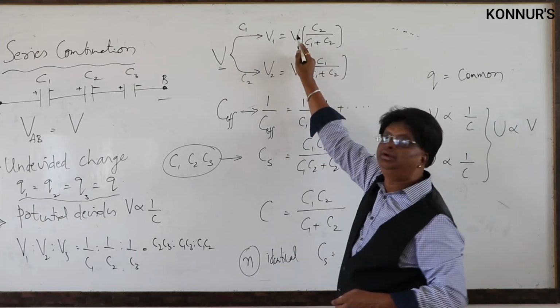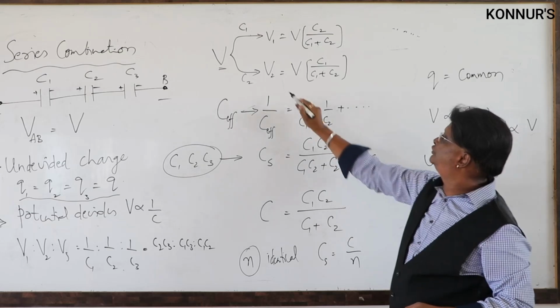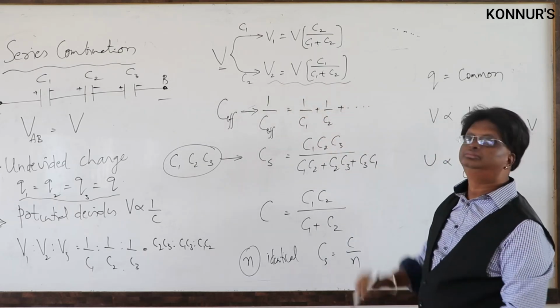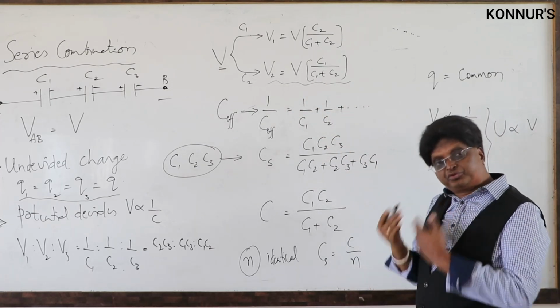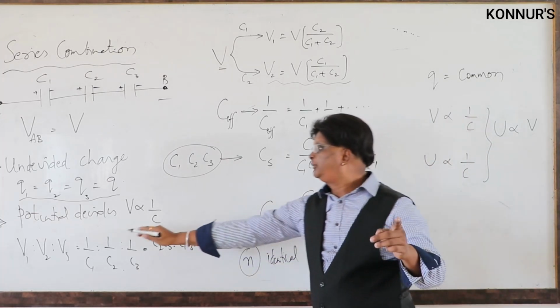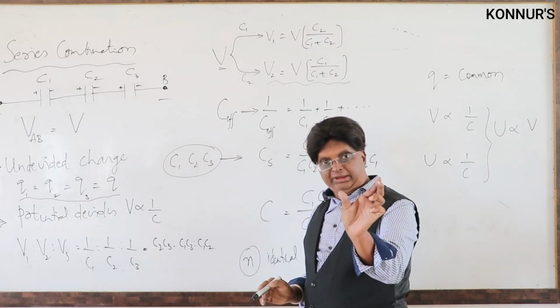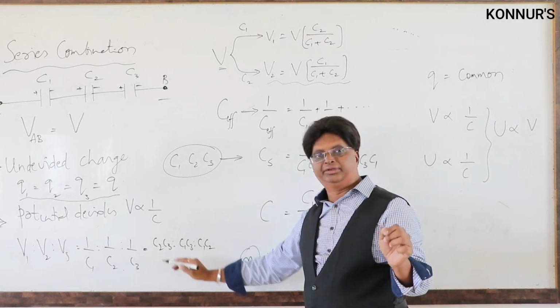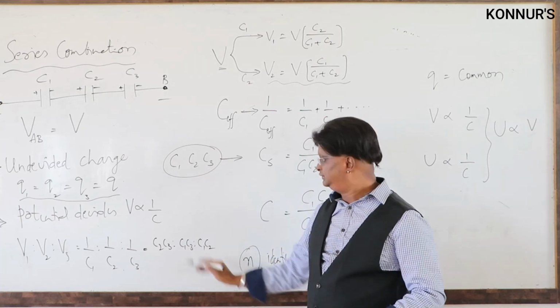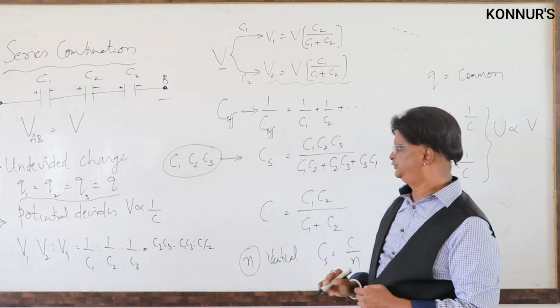Therefore, V1 is total volts times C2 by C1 plus C2, and hence V2 is like that. So whether it is 2 capacitors or 3 capacitors, I have simply shown the parts. Supposing in this case, what is V1? Out of total voltage V, it should get C2, C3 out of the total parts, which will be C2, C3 plus C1, C3 plus C1, C2.